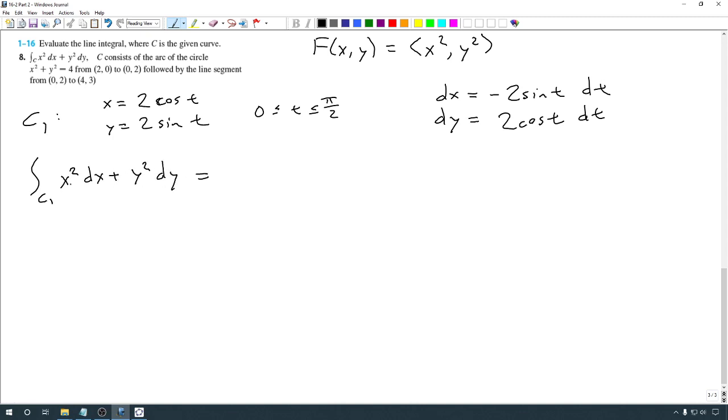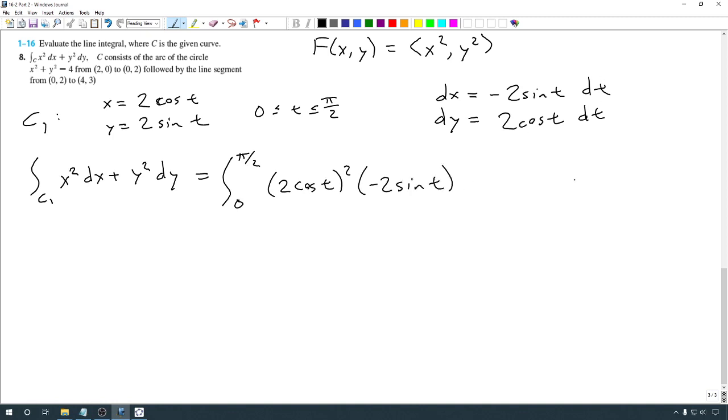We're going to replace x's with the formulas in terms of t, dx with the formula for dx that we got over there. This is the integral from 0 to pi over 2. Of course, we have 2 cosine t squared times negative 2 sine t.